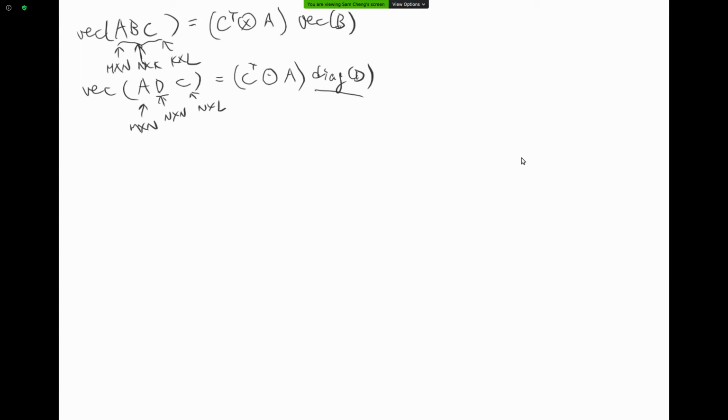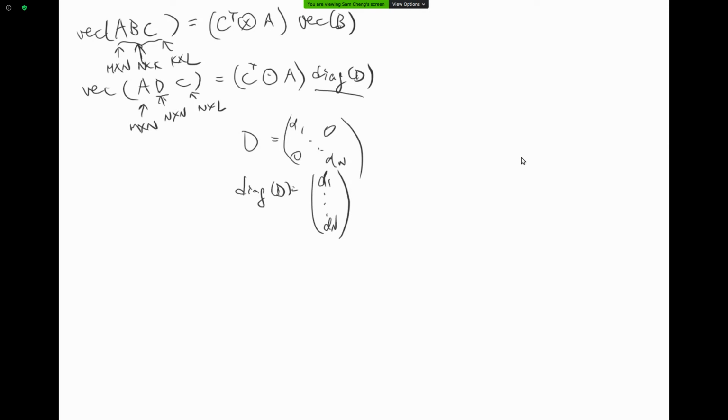So for example, if D is D1 up to Dn on the diagonal, and the rest is 0, then diag D is the column vector D1 up to Dn.